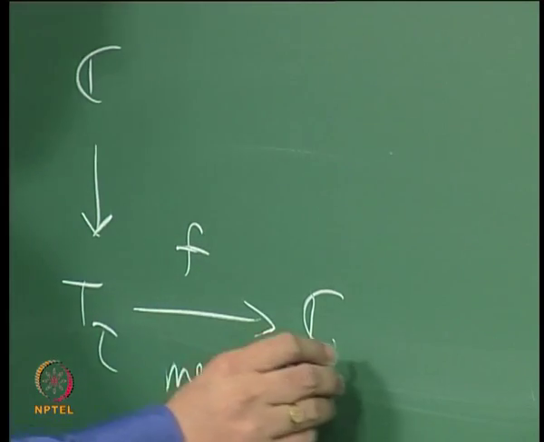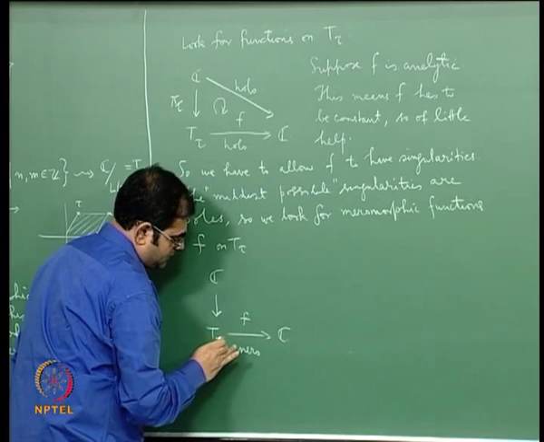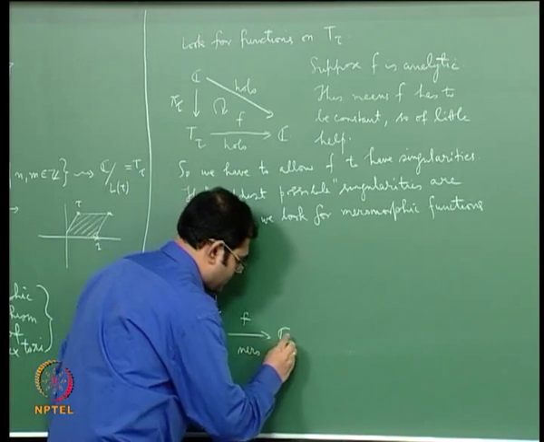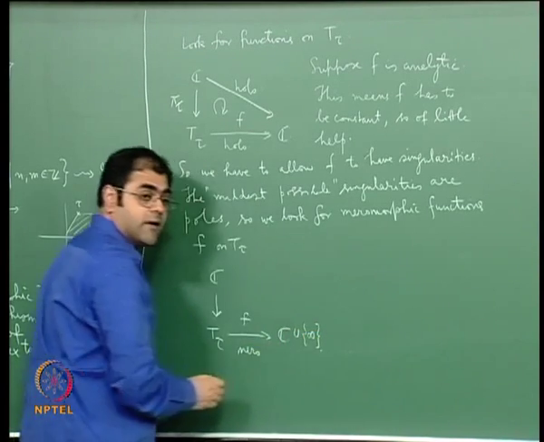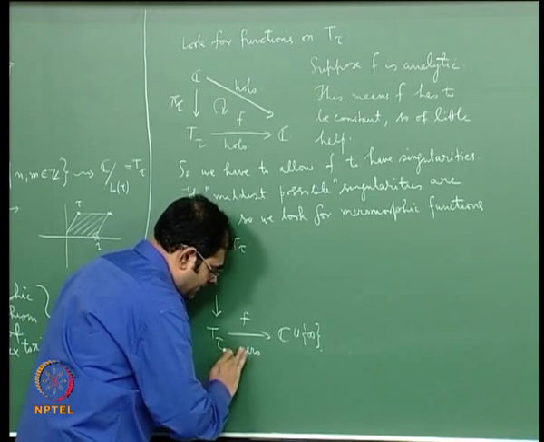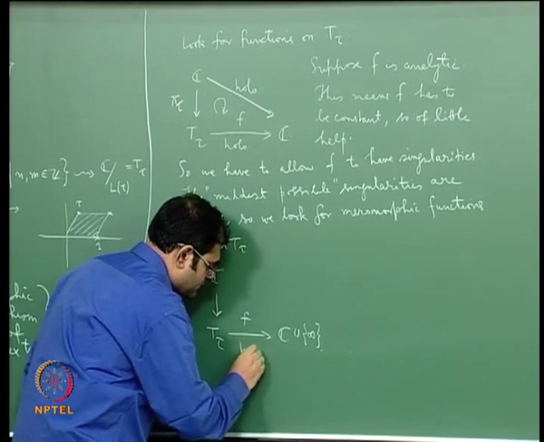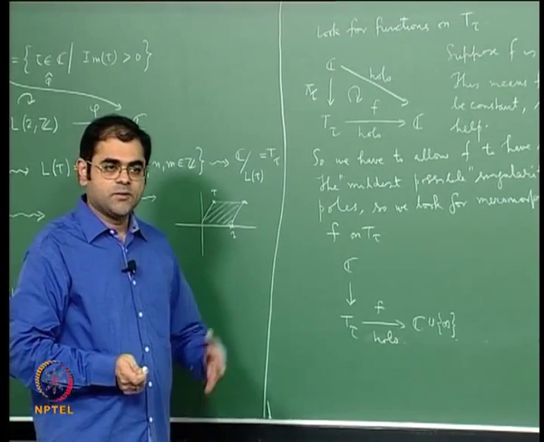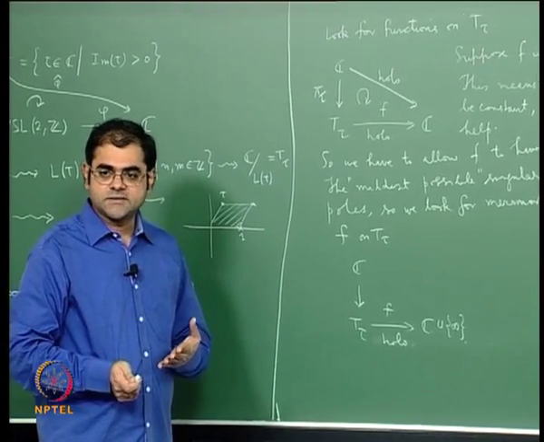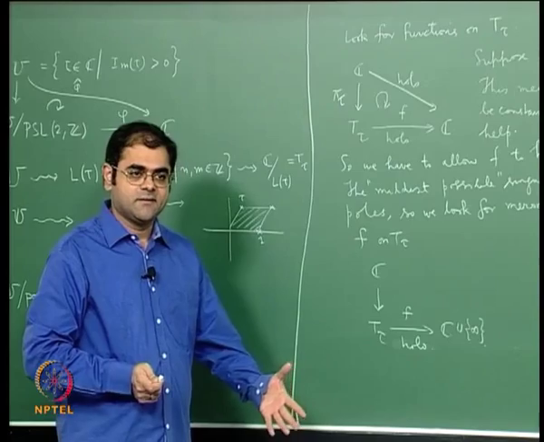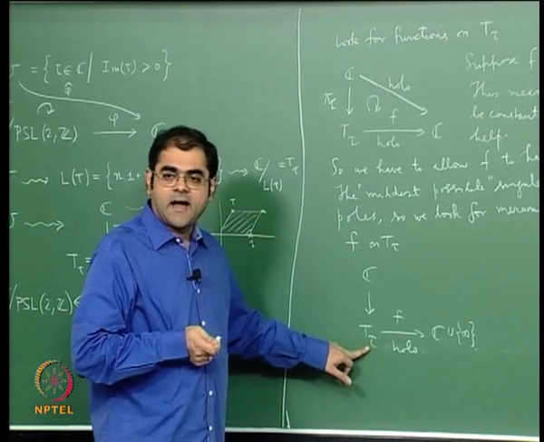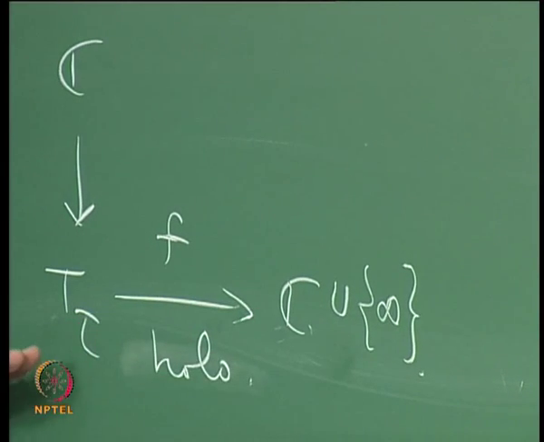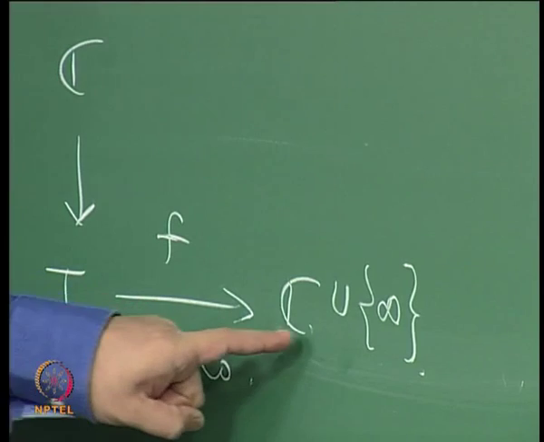Meromorphic, complex valued functions are precisely the holomorphic functions into C union infinity, because at the poles you define the function value to be infinity, and then you get holomorphic functions into P1, the Riemann sphere.